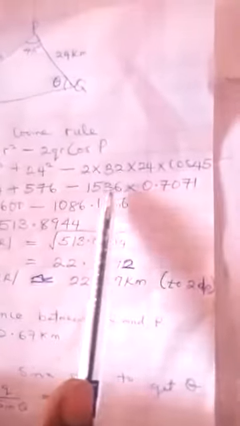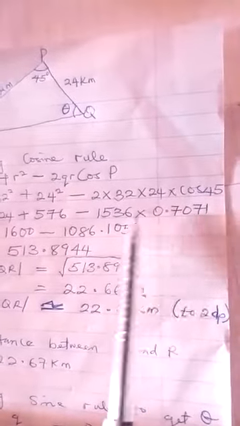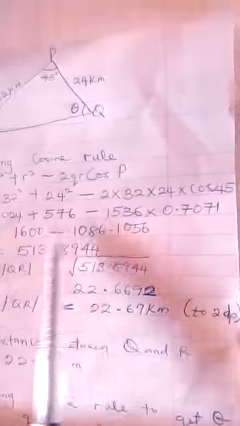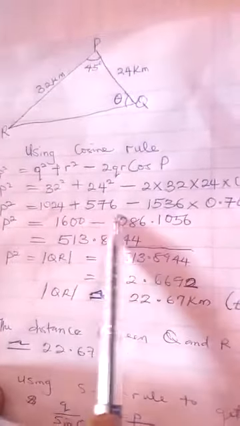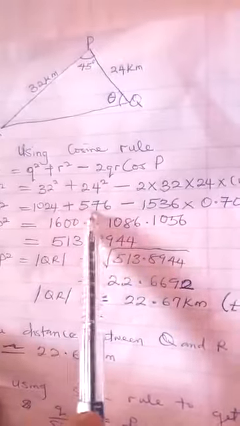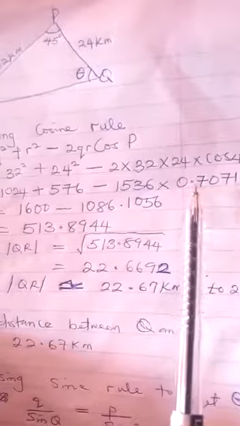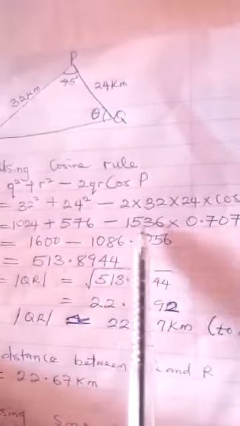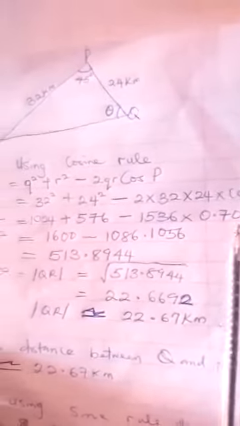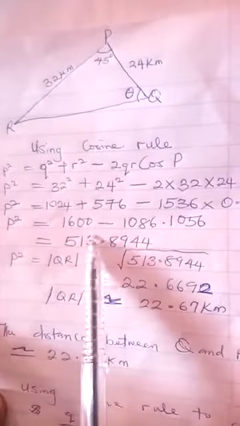That is, we will multiply whatever we get from here with the cos 45 degrees before we subtract it from the addition of these two. It is very, very important. Not that we will add these two together minus this one, then multiply. It is not correct in that way. But we will multiply these two, then subtract our answer from the addition of these two, as we have it here.